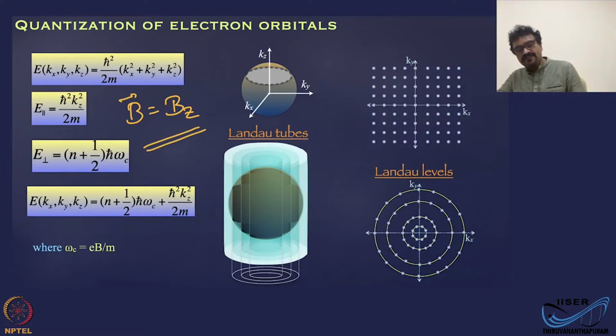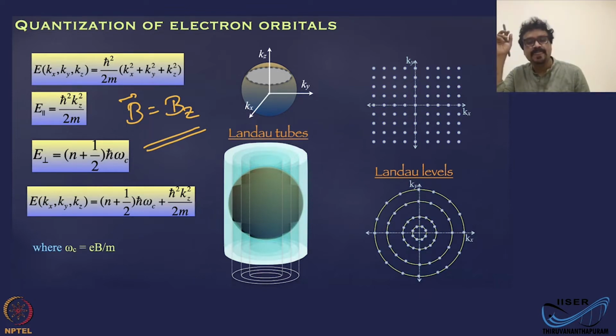Now when you have a magnetic field, you also assume that the electron can undergo cyclotron motion without undergoing any collisions. That means the material is clean with enough mean free path. There are not any scattering events when it undergoes the cyclotron motion.